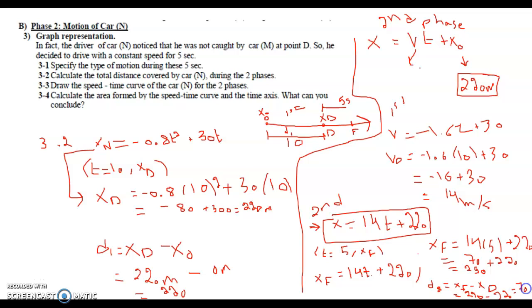This is D2. The question is to calculate the total distance, so it's not enough to find D2; we need D1 and D2. The total distance is 70 plus 220, 290 meters. Now finally, draw the speed time curve of car N for the two phases.